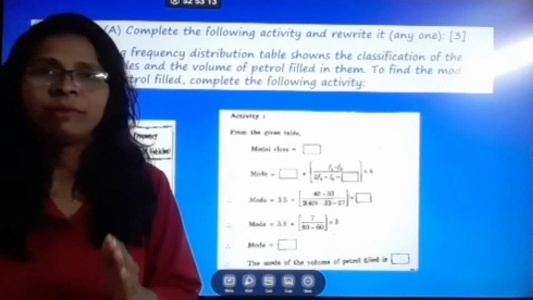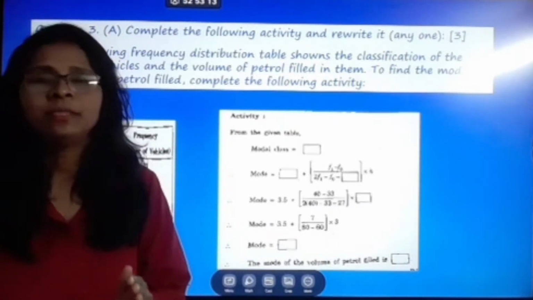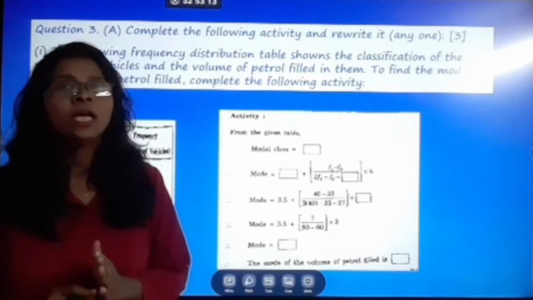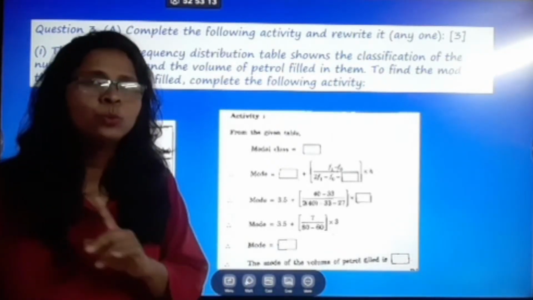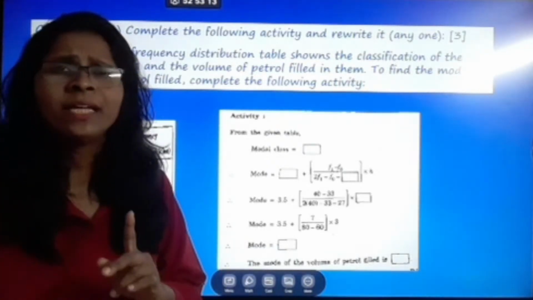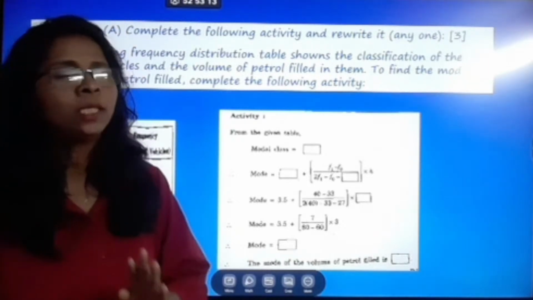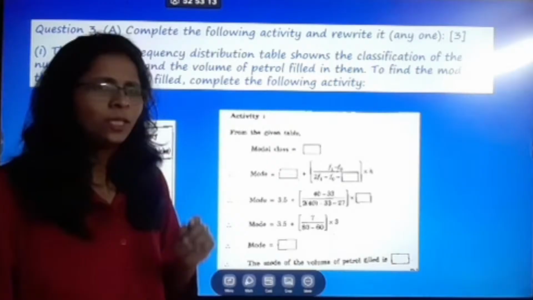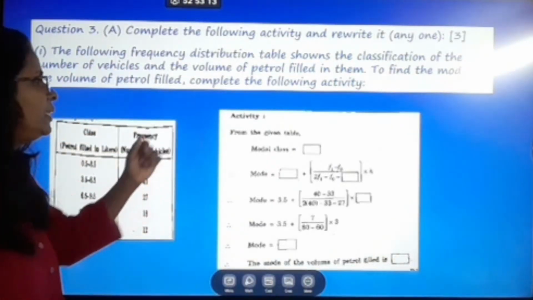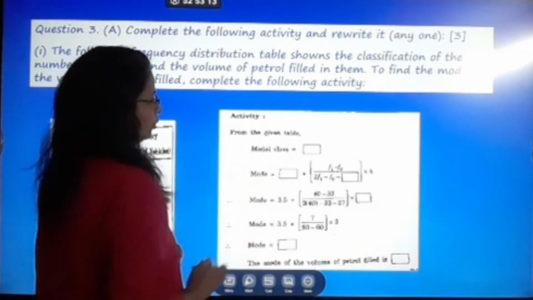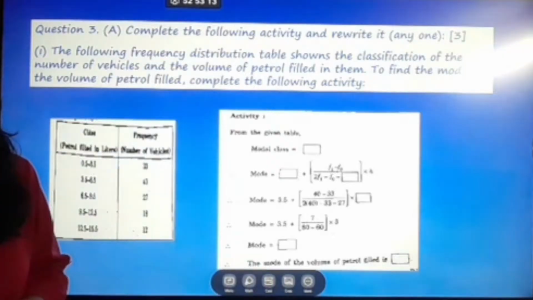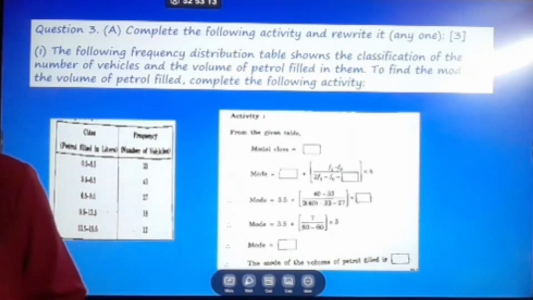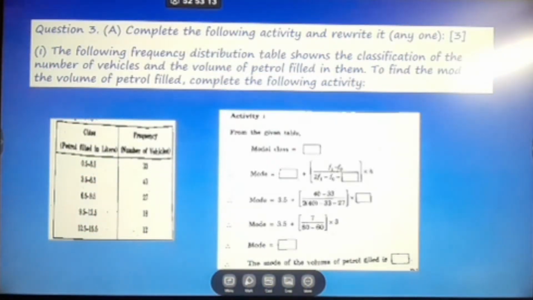Very important students, and this is an activity based question. So students, do not make a mistake here, not even a single one. Okay, so here in the activity, from the given table, we write the modal class.